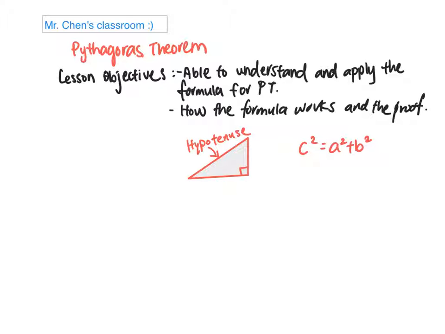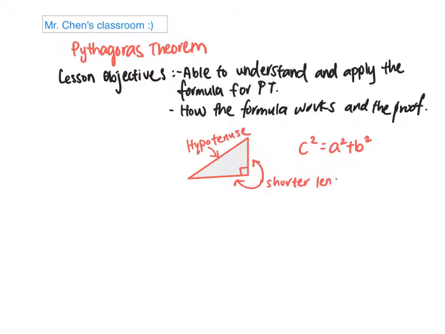So, right angle triangle, you already know how to look for the hypotenuse, which is the longest side of the right angle triangle. The other two sides are pretty much just called the shoulder sides for now.